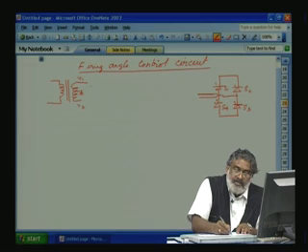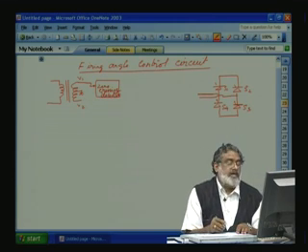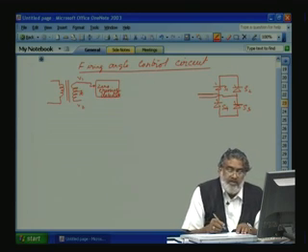This we give to a zero crossing detector. You can use an operational amplifier for the zero crossing detector.